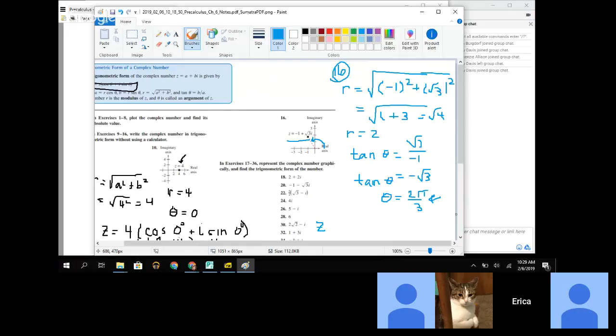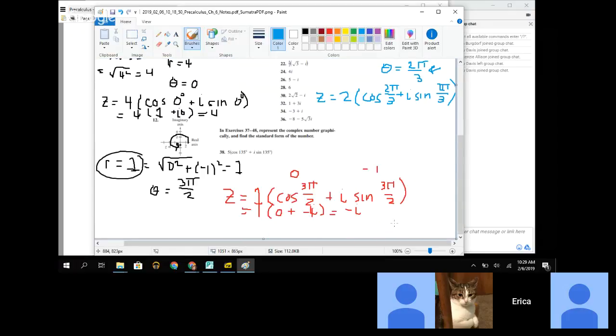My complex number in trig form is z equals 2 times the cosine of 2 pi over 3 plus i times the sine of 2 pi over 3. Okay, and then if I want to check my work, what is the cosine of 2 pi over 3?